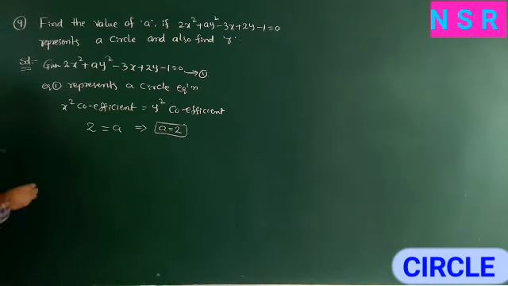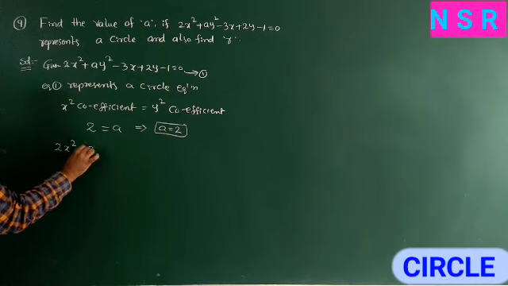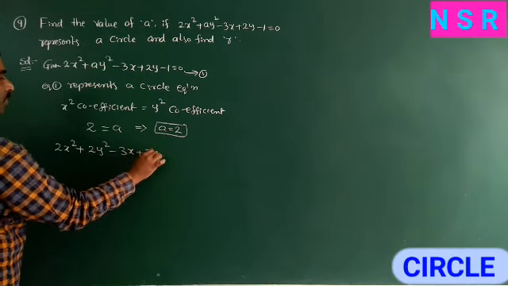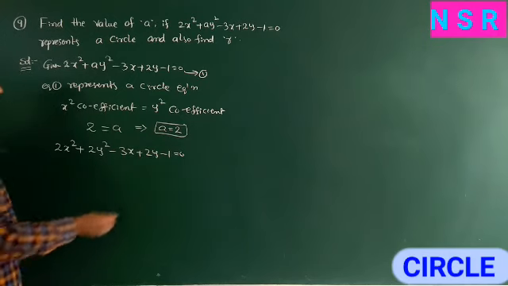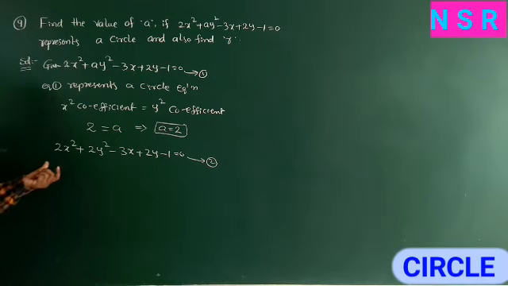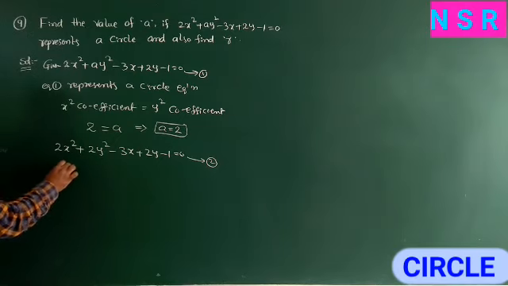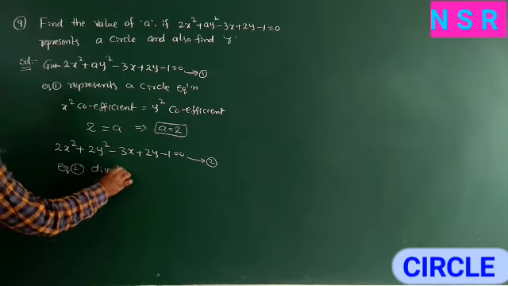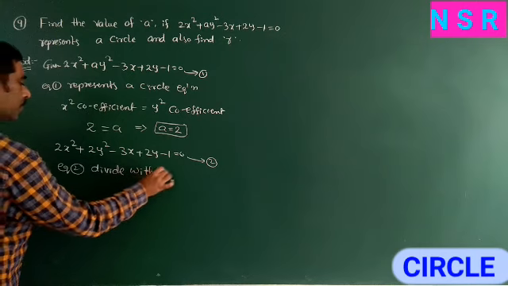Now substitute the a value. So now equation 1 becomes 2x square plus 2y square minus 3x plus 2y minus 1 equal to 0. Take it as equation number 2. Now make the x square and y square coefficients 1, so divide equation 2 with 2.